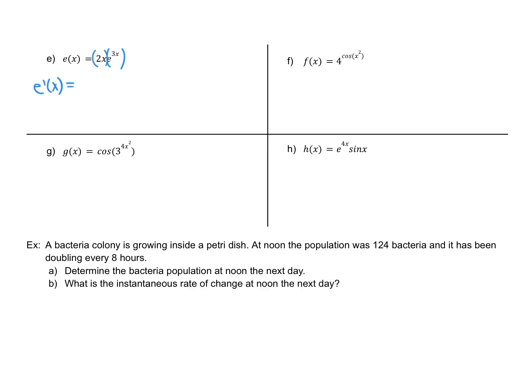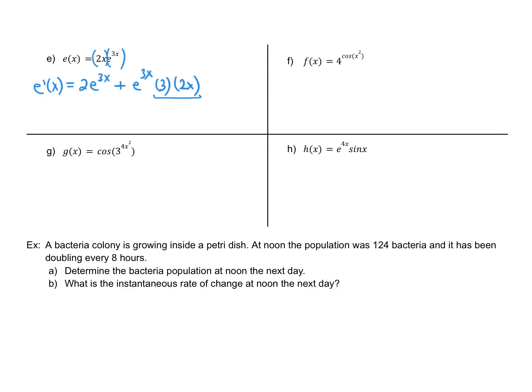The derivative of the first function is just 2. Copy paste the second function, plus the derivative of the second function. We're going to take ln base e, but that's 1. So I'm not going to write it. Just going to copy paste e to the power of 3x. Now I'm going to take the derivative of the inside function, which is 3, and now copy paste the first function.